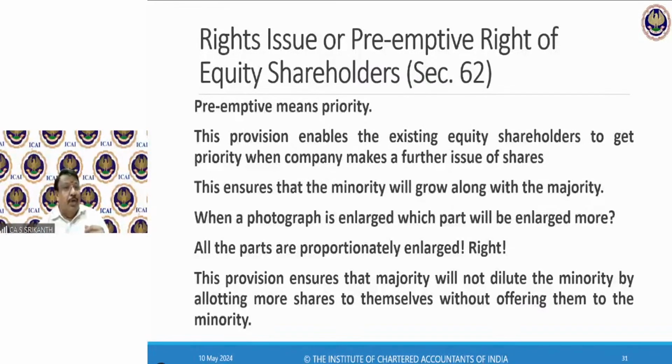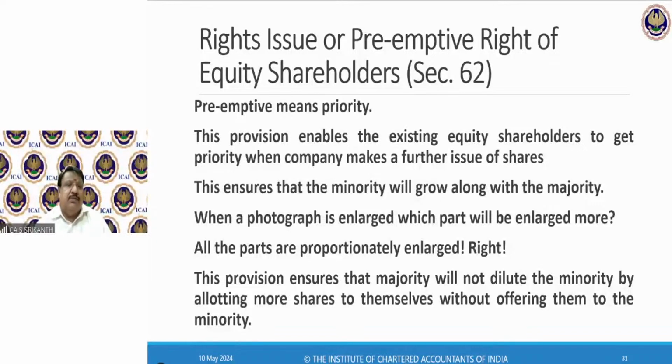Now what will happen? Earlier the minority was 10%, 10,000 by 1 lakh. Now out of 2 lakhs, they hold 10,000, so now they become 5%. So slowly, by issuing fresh shares and allotting it to themselves, the majority can grow and the minority will be reduced to a minuscule minority. They will dilute the minority.